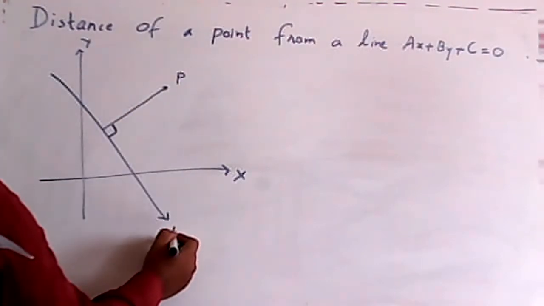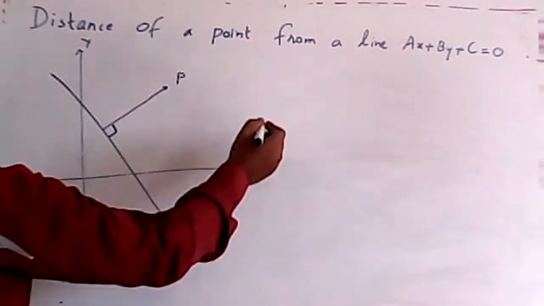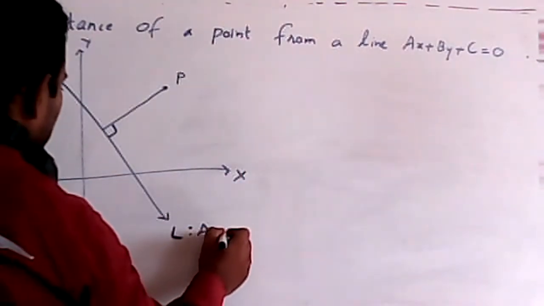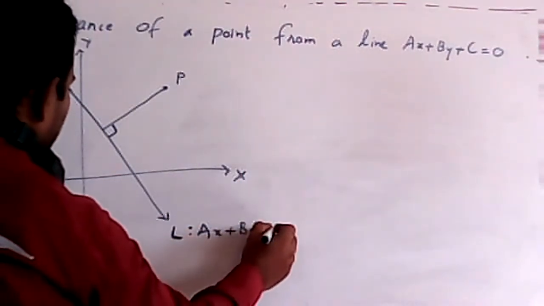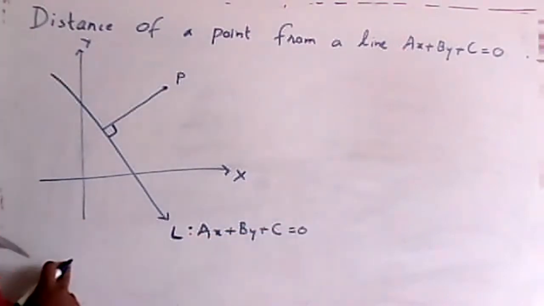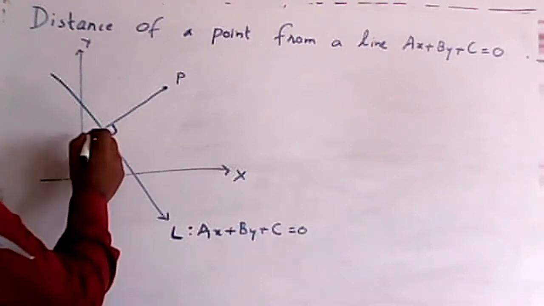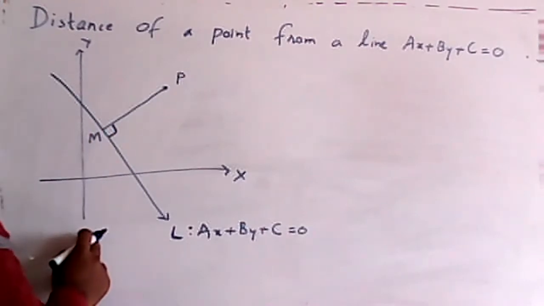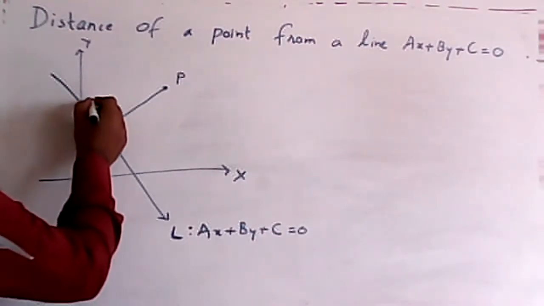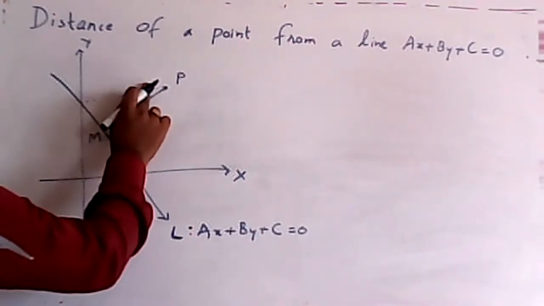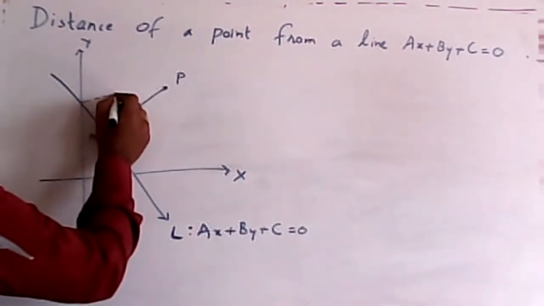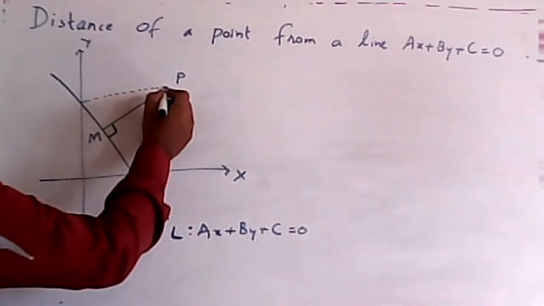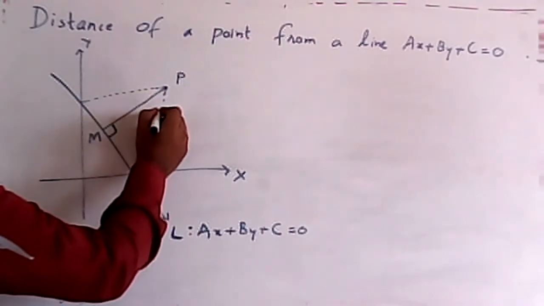Let me take this line L as I told, generally Ax + By + C = 0. Now I will call this point M. From here I can join P, and I'm imagining a triangle in this.